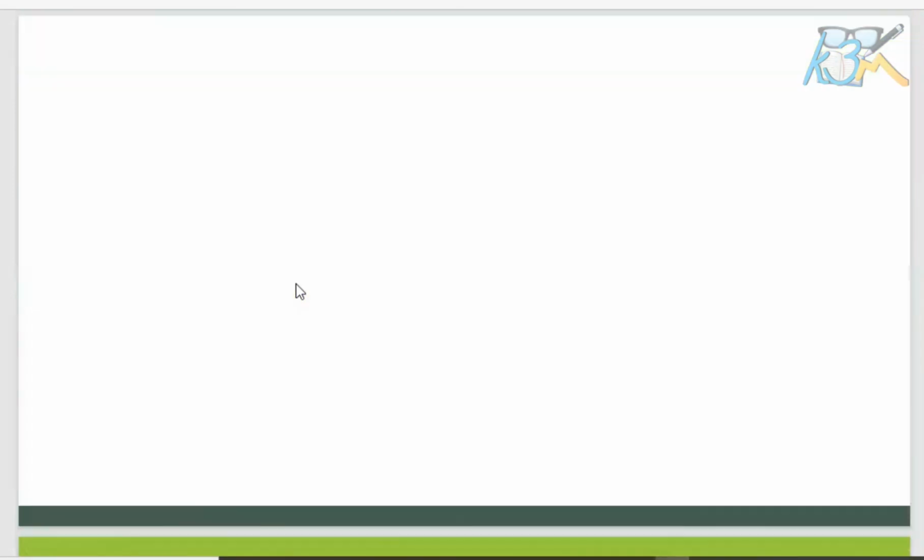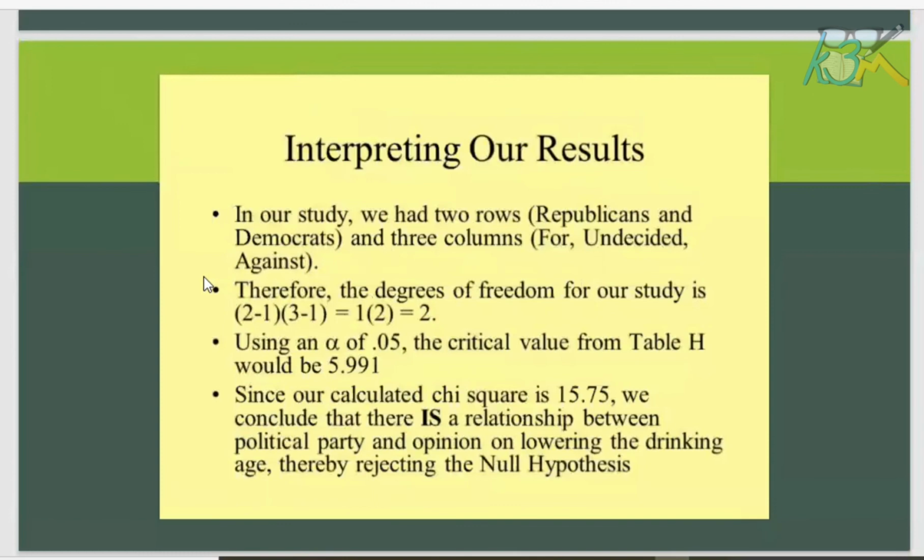For the next slide, interpreting our result. In our study, we have 2 rows, the Republicans and Democrats, and 3 columns: in favor, undecided, and against. Therefore, our degrees of freedom is 2 minus 1 times 3 minus 1, which is 2.